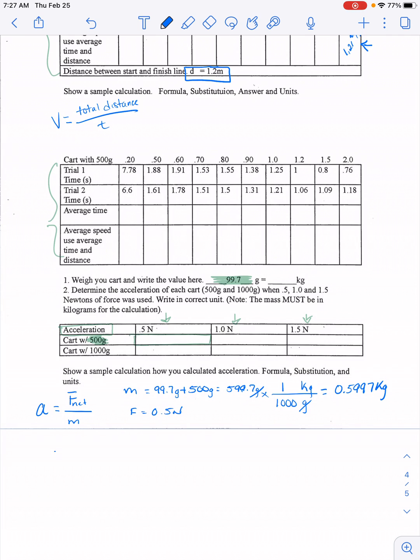Here our acceleration is the 0.5 newtons acting on the cart, pulling the cart, divided by the cart's mass in kilograms, 0.5997 kilograms. And 0.5 divided by 0.5997 is 0.83 meters per second squared. That's a rounded answer, but that's what we'll put into the chart.